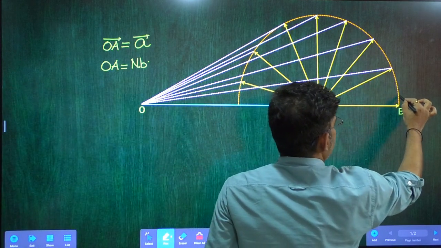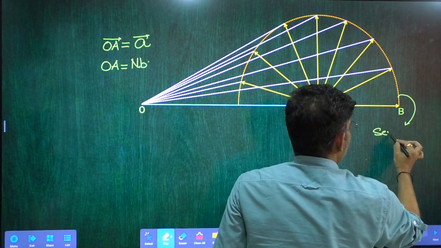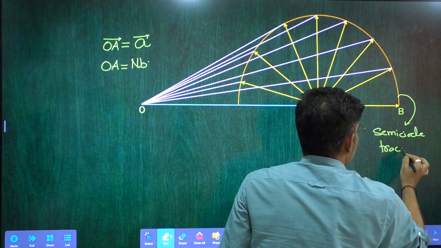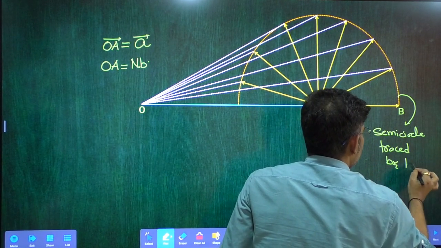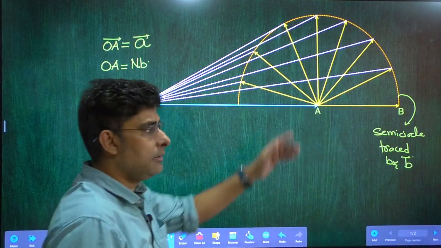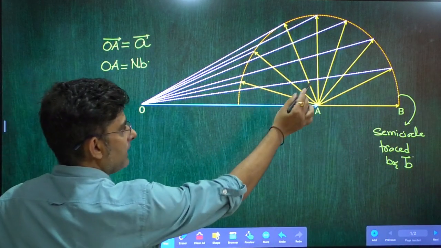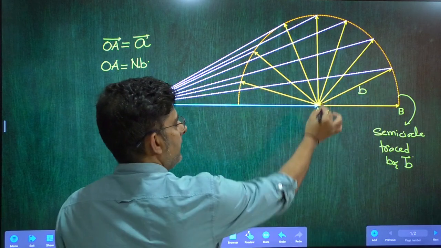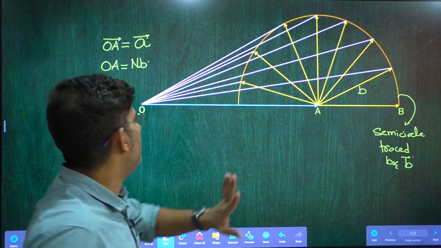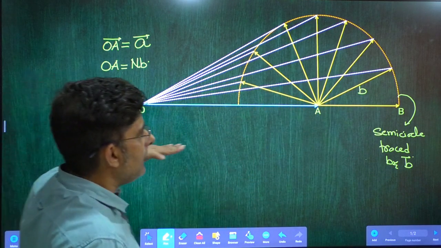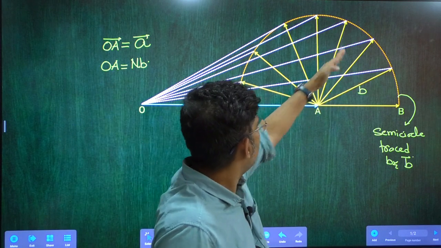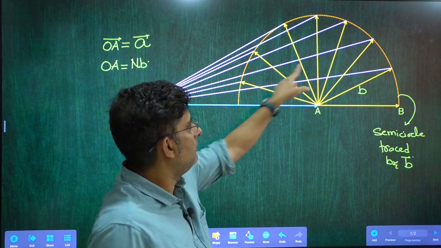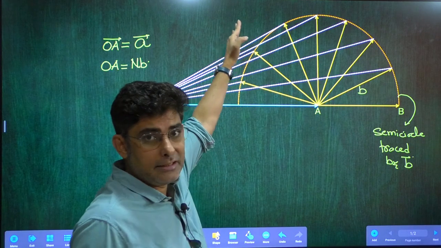This is the semicircle traced by B vector's tip. So what is the radius of this circle? The radius of the circle or semicircle is B. Now you can see that I have drawn different B vectors, and this is A vector. So these white dotted lines represent different resultants.